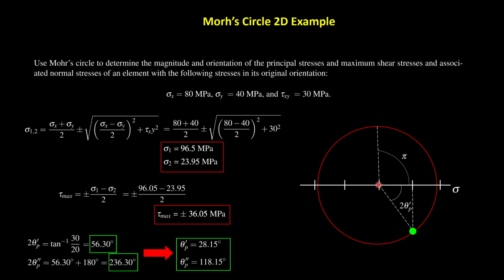So from the orientation where I get my principal stress, if I add 90 degrees in Mohr's circle angle, then I will get the orientation of the maximum shear stress.